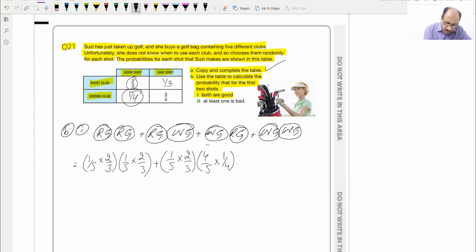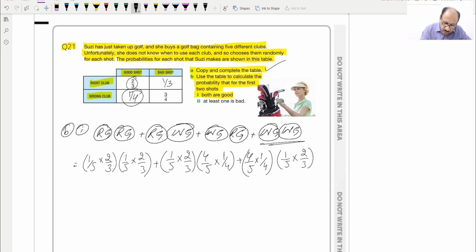Now we'll be going for the third one, which is wrong club. Wrong club is 4 by 5 and good shot with the wrong club is 1 by 4. So this will be multiplied by 1 by 4, and right club is 1 by 5 and good shot is 2 by 3. So we will be writing 2 by 3.